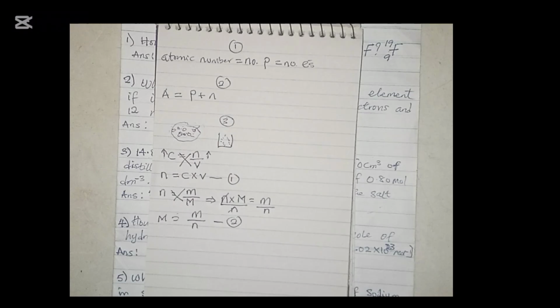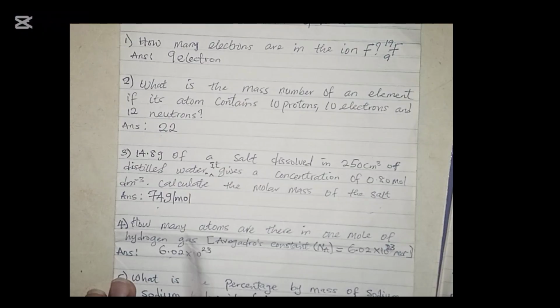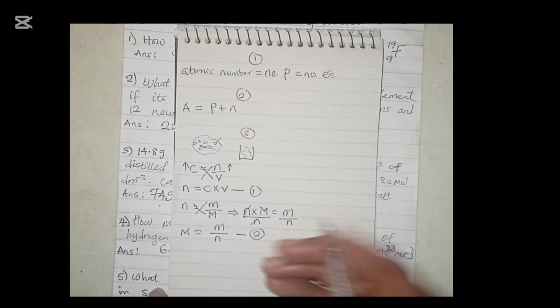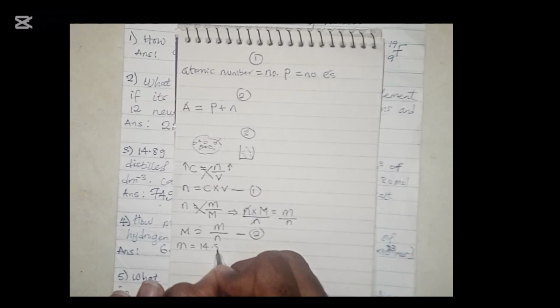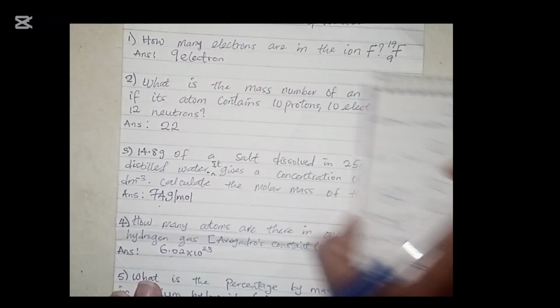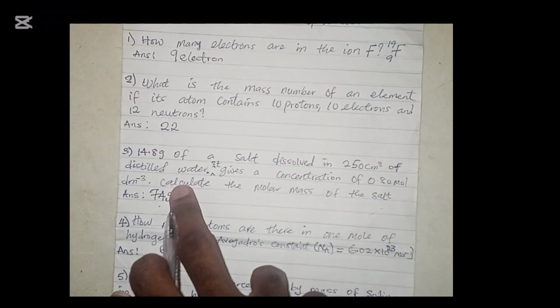Now, since we have this, we can now go and look at the parameters that we have. We're given a mass of 14.8 grams. We're given that it was dissolved in 250 centimeter cube of distilled water.